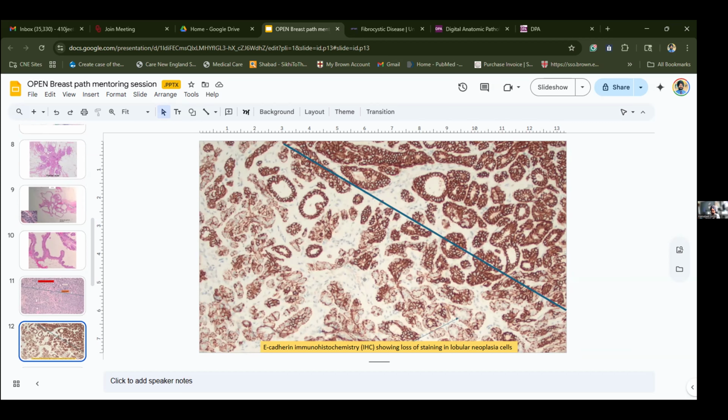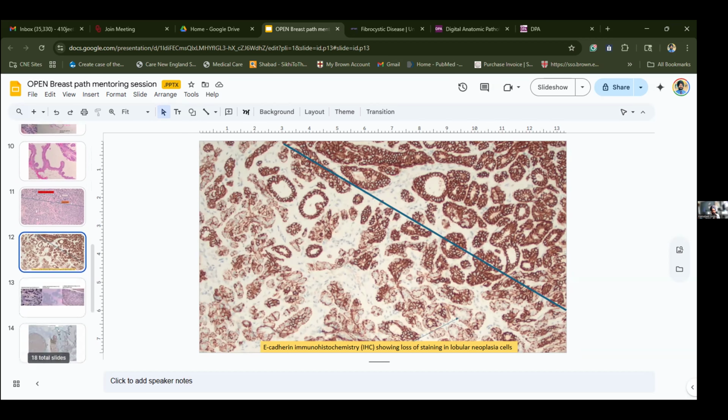E-cadherin is a membranous protein. It is expressed on the lateral and the basal portion of the cells. So here's your acinus, strong brown, as compared to down here, where you see these cells that are lost. There's no staining. There's an overt difference. So this is loss, and it confirms that, oh, you're dealing with something abnormal.